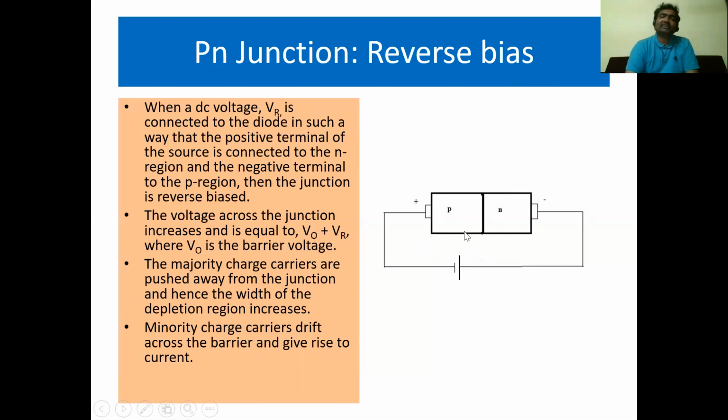Now let us discuss the case of reverse bias. First of all, what is reverse bias? When the P region is connected to the negative terminal of the battery and the N region is connected to the positive terminal of the battery, this particular situation is called a reverse bias condition. What happens to the contact potential in case of reverse bias? Let us clearly observe.